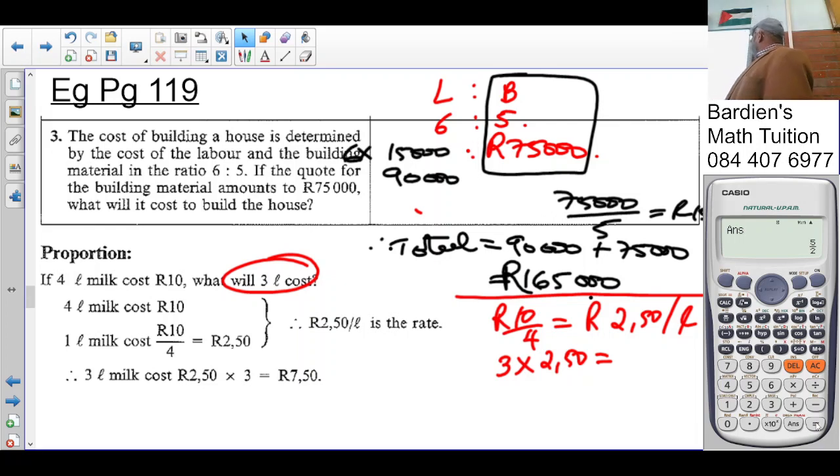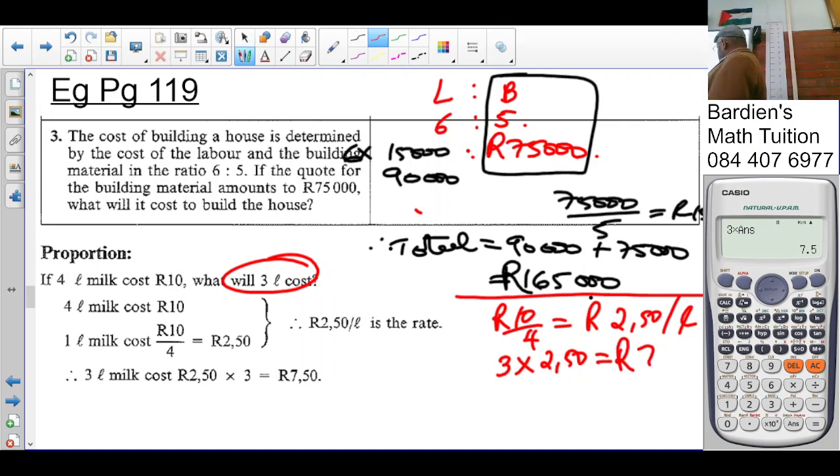You press answer, equal. Can you see that's the last answer calculated? So you say 3 multiplied by that answer. That will give you 15 over 2, which is 7.5. You understand? Yes, the answer is here.